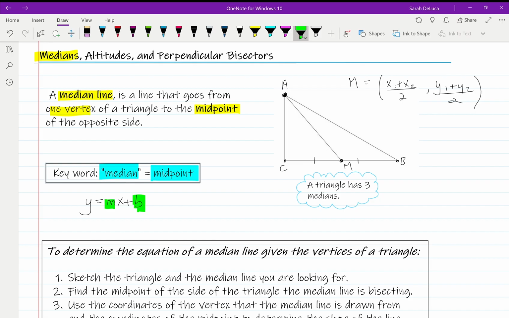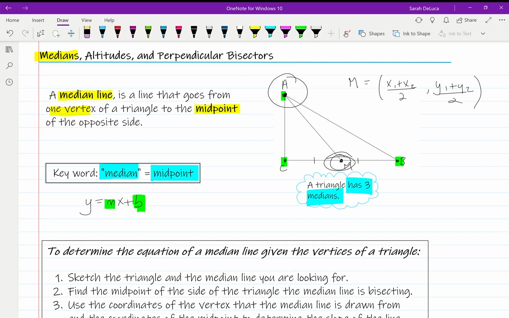So if the question has given me the vertices only of the triangle, that is not enough information to find the equation of this line because I need 2 points. But if I know it's a median line, then I know I can find the midpoint of CB, and then I've got 2 points. I've got point A and I've got point M, and that is enough to find the equation of a line. One thing to note here is that a triangle has 3 median lines.